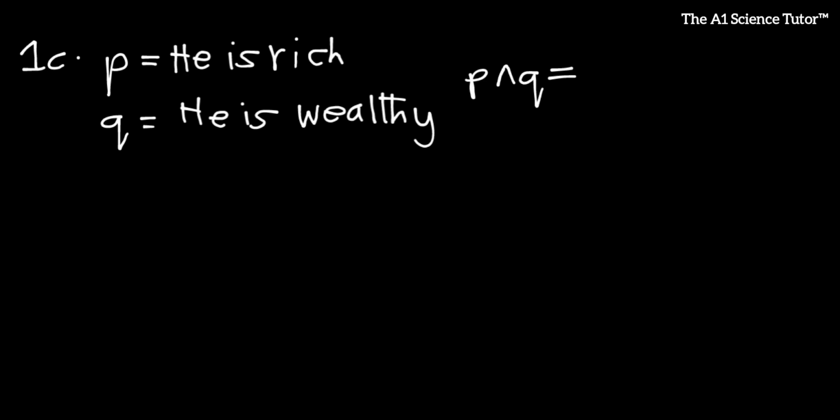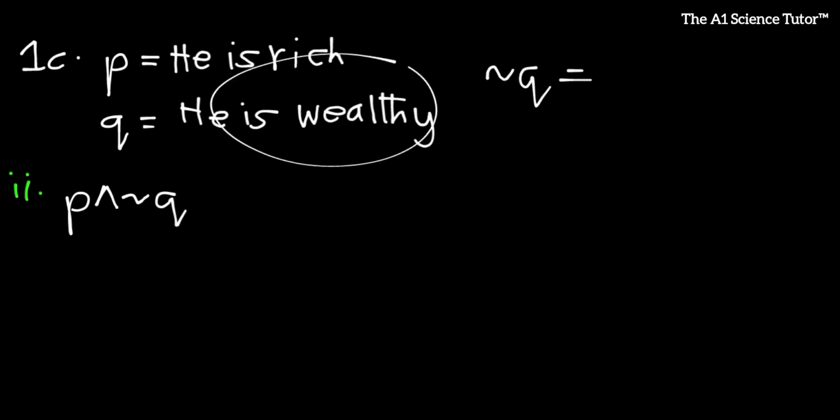Now let's go to the second one. There, we are required to show this. Well, this should be a negated Q. Now what is a negated Q? For a negated Q, that means this guy is not wealthy, right? But he's what? Rich. Now there is an and here.